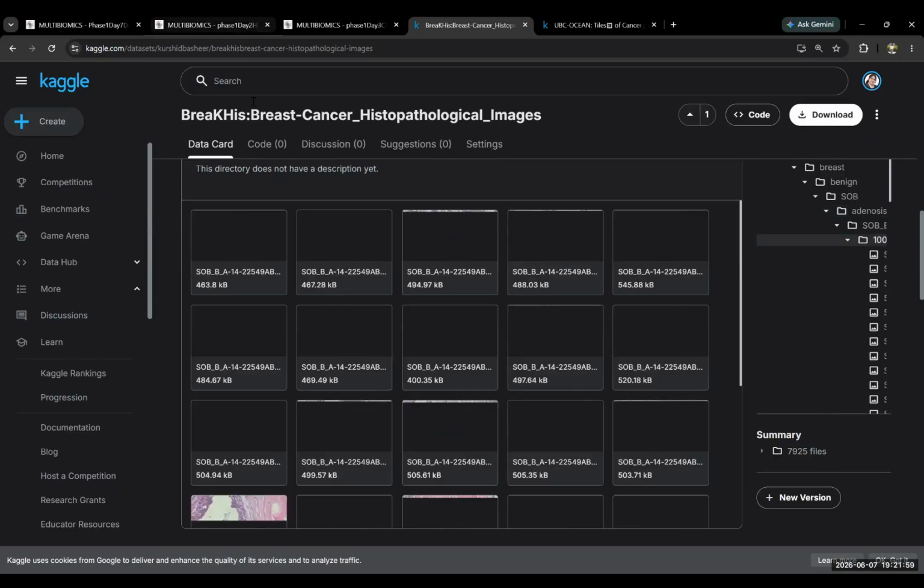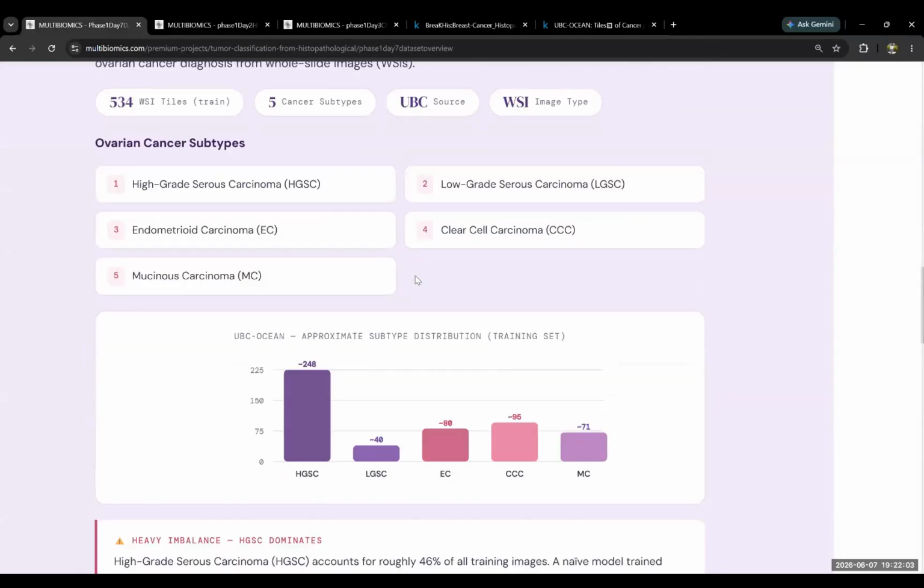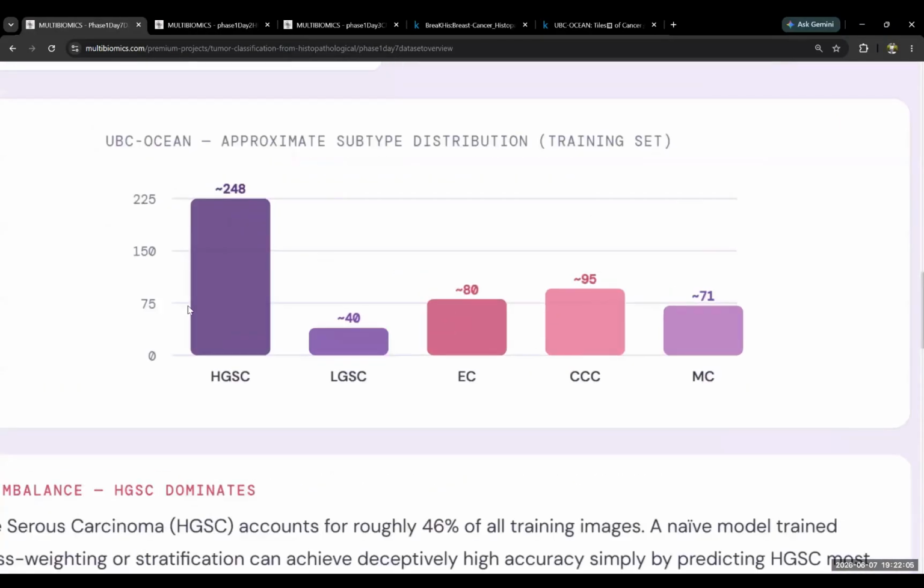If I go back to this graph, can you see, if you want to break this into an equal number of batches, HGSE is 248 and LGSE is only 40? So is it possible to divide equally into equal number of batches?